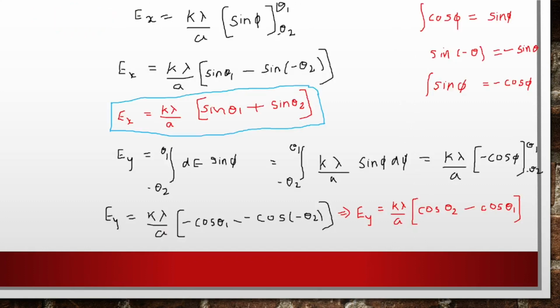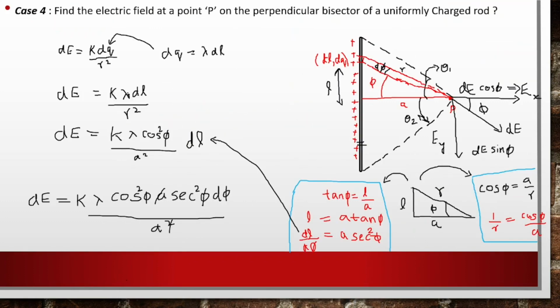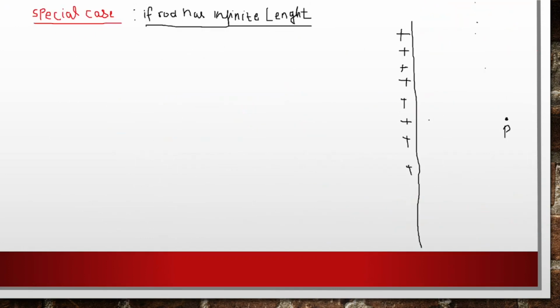In the last problem we have taken theta 1 from one end of the rod and theta 2 from the other end of the rod. Likewise, we need to take theta 1 and theta 2 in this rod also. But as we go upward and downward, theta 1 and theta 2 are increasing. That means the angle is increasing and increasing. Here the angle will be less.